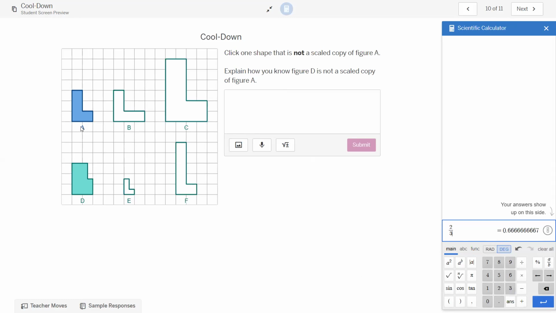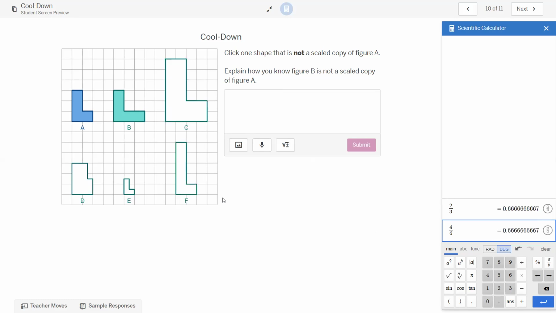We're going to divide this by that. Okay, so here's 3 divided by 3. 3 divided by 3 is 1. So that is definitely not a scale copy. Okay, what about this one here? This is going to be 1, 2, 3, 4, 5, 6. And 1, 2, 3, 4. Let's put that in there. 4 divided by 6. Up, that one's a scale copy.